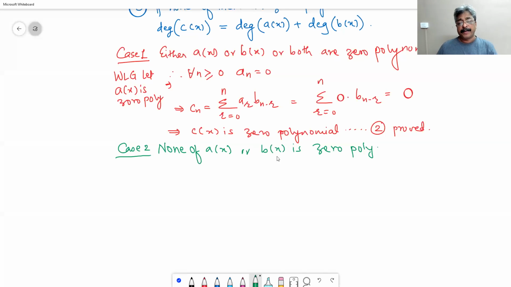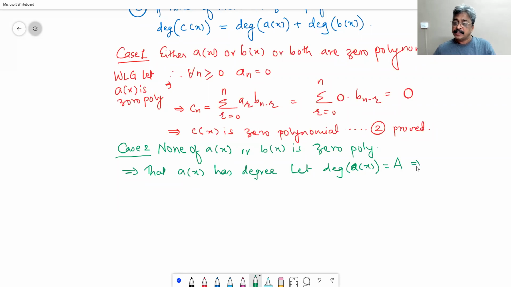So if none of a(x) and b(x) is a zero polynomial, let the degree of a(x) be equal to capital A, that is, a_A is not 0.